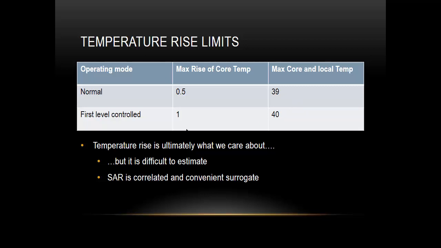And the first level limit is set as 1 degree Celsius rise, or a maximum core temperature of 40 degrees Celsius. But temperature is really difficult to estimate. How do you estimate the temperature within a patient during the MRI sequence, or in an animal during the MRI? So SAR is sort of a correlate that we use for temperature increase.